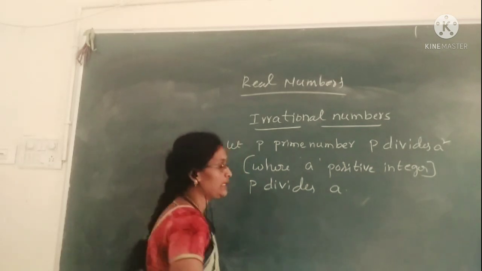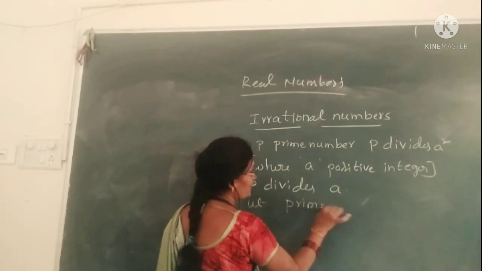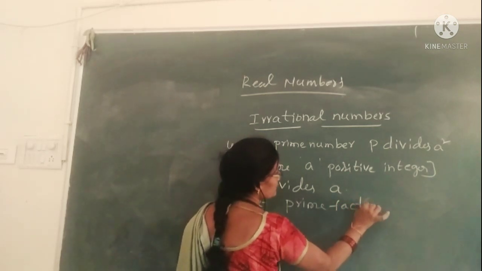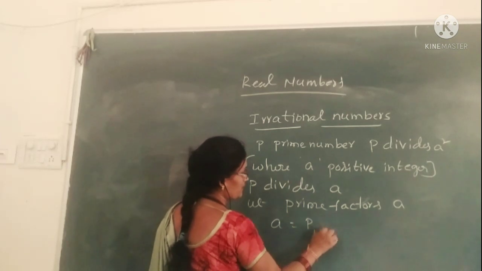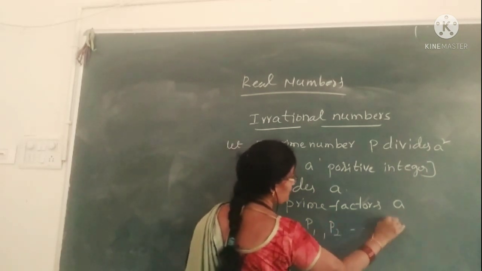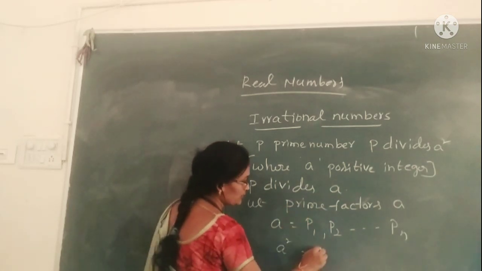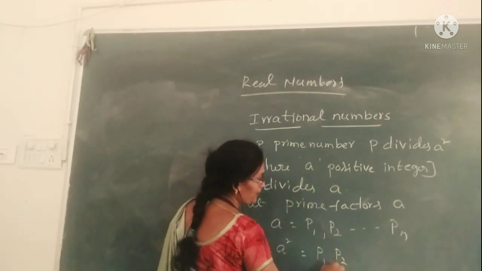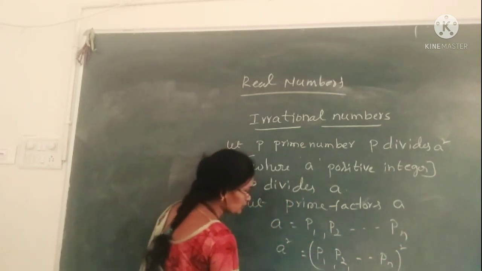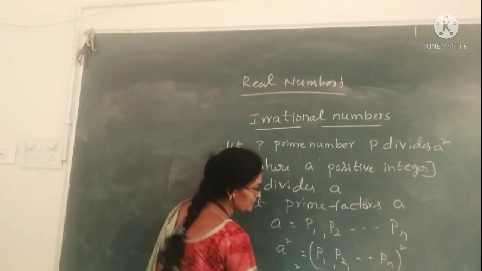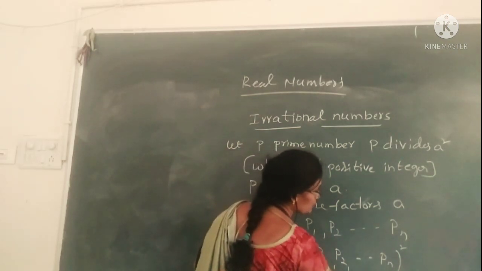Let the prime factors of a be p1, p2 and so on up to pn. So a is equal to p1 p2 and so on pn. Then we square both sides. a square is equal to p1 p2 and so on pn whole square, so a square is equal to p1 square p2 square and so on pn square.